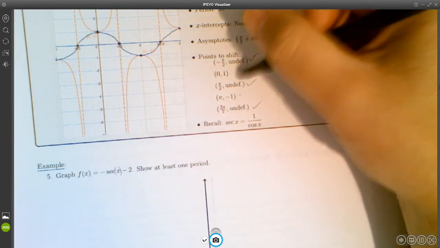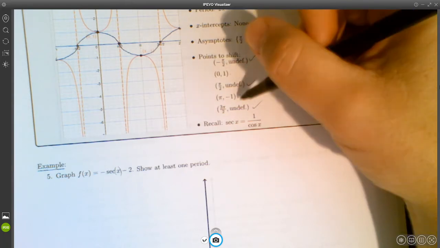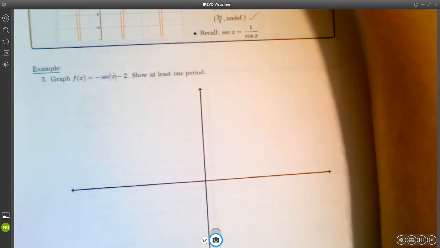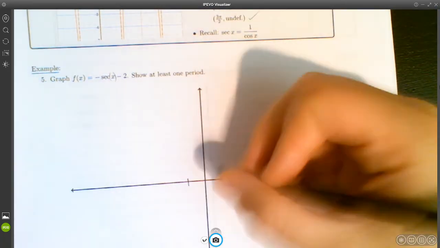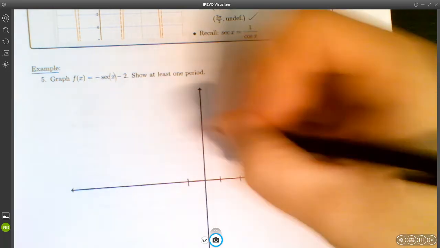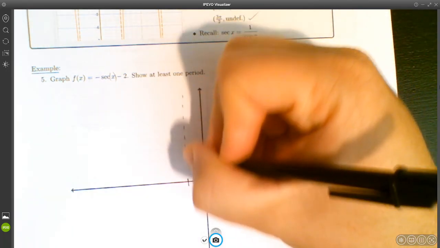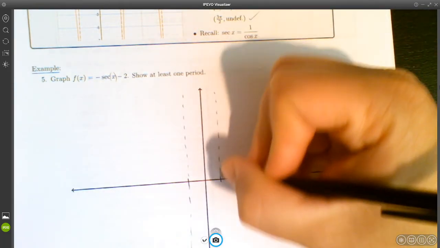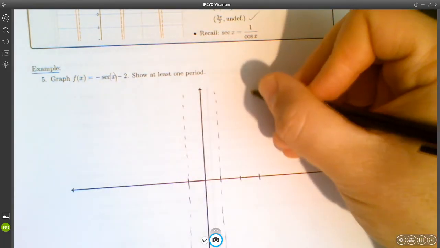That's not going to change any of my asymptotes. There's still going to be asymptotes at the same locations, so I'm going to put those on there now. I've got an asymptote at negative pi over 2, at pi over 2, and then at 3 pi over 2. So here, here, and here.